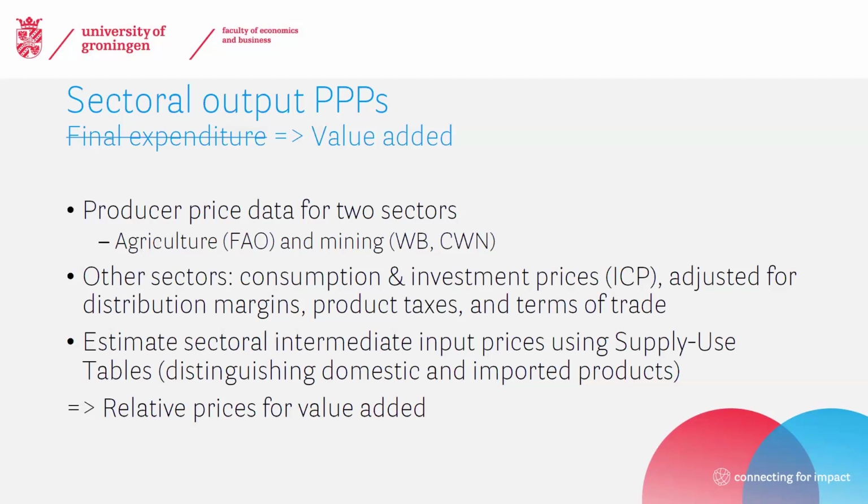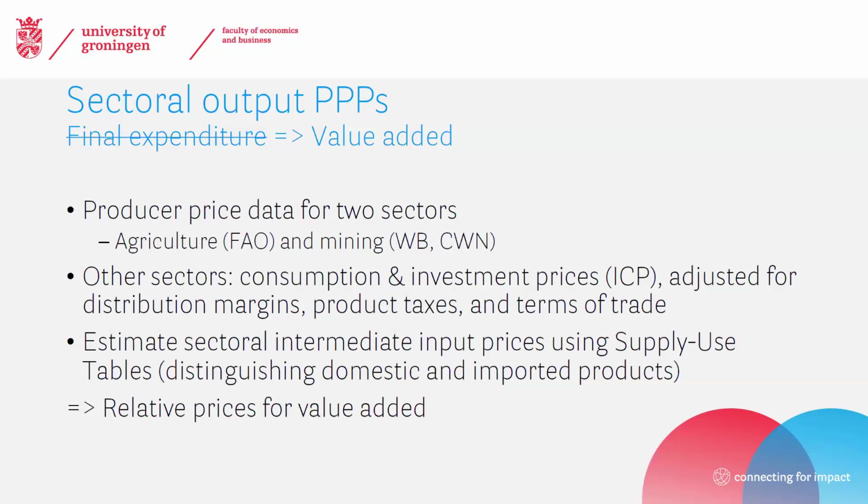We're measuring direct prices where it's possible in agriculture and mining. We're still relying on the prices from the international comparison projects. What they do is they survey consumer and investment prices across nearly all countries in the world. But these are, of course, final expenditure prices, consumer prices, purchaser prices.